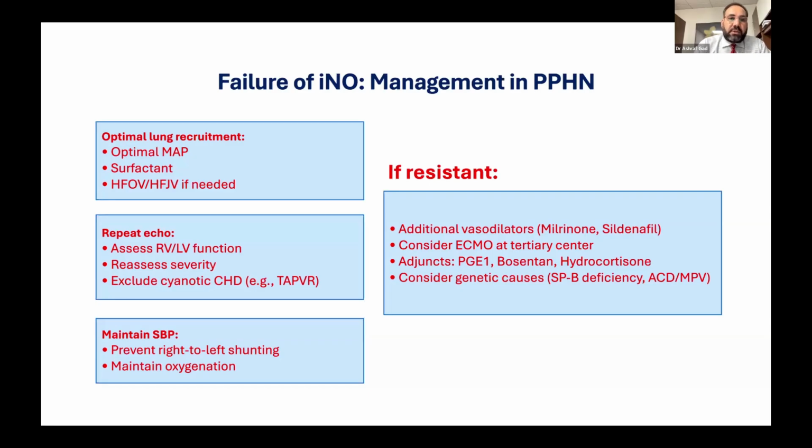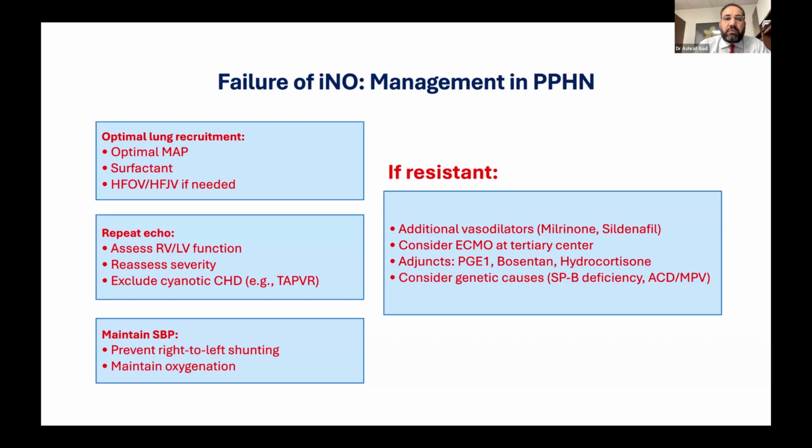Some units and some PQs I've seen, they have good mastery of using the pressure targeted ventilation, and they have good results. But as a neonatologist, I rarely do that. We need to also reevaluate, repeat echo measurements to see what's going on. Maybe the heart is now dysfunctional, right side or left side.